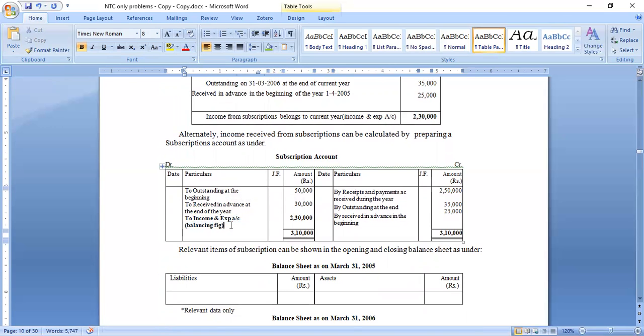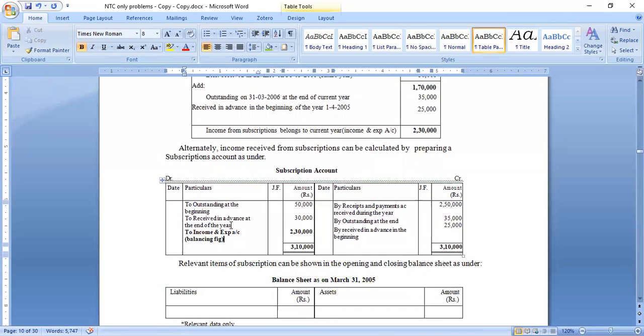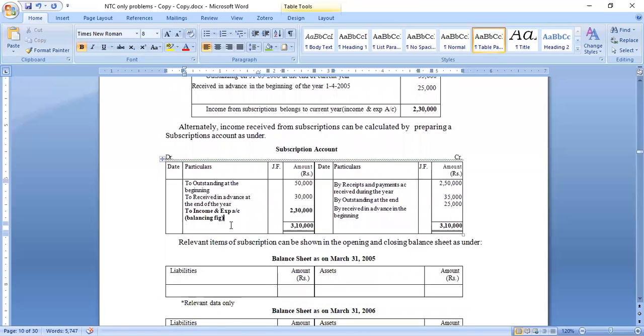So how do we have to mention the subscription in the balance sheet? Actually, this amount belongs to the income and expenditure account, income side. So what items does the balance sheet contain?